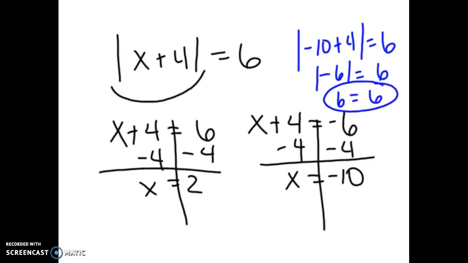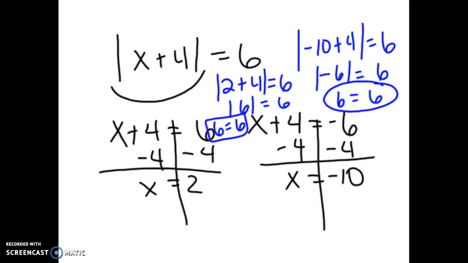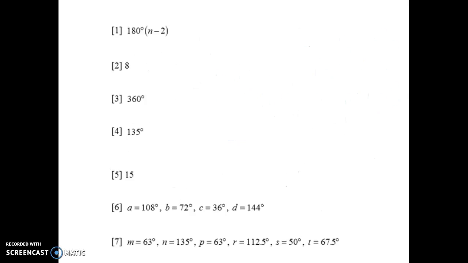Now we can put in 2: the absolute value of 2 plus 4 is equal to 6, and 2 plus 4 is 6, and the absolute value of 6 is 6. So yes, they both work in our absolute value equation. Every time we do this, we must have two equations.